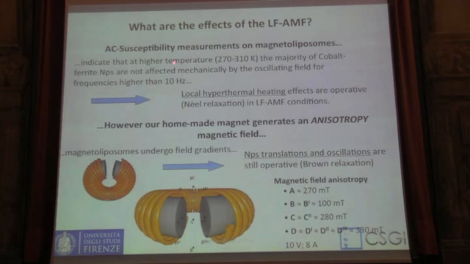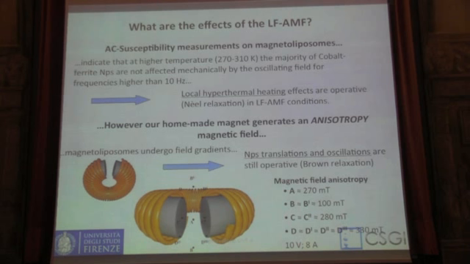If you apply a high frequency magnetic field, basically you have a hyperthermal heating effect that is operative due to Néel relaxation. But if you work with a low frequency magnetic field, basically you just move the particles back and forth, and you disturb the system, and you can slowly thermally excite the system.